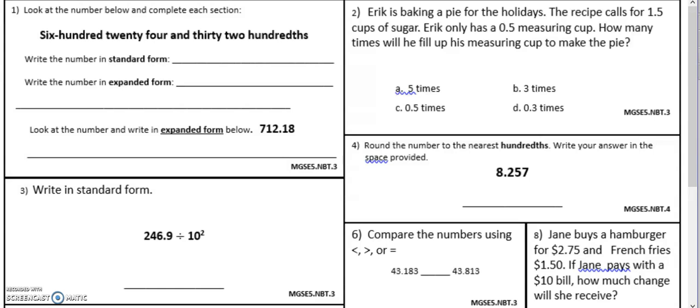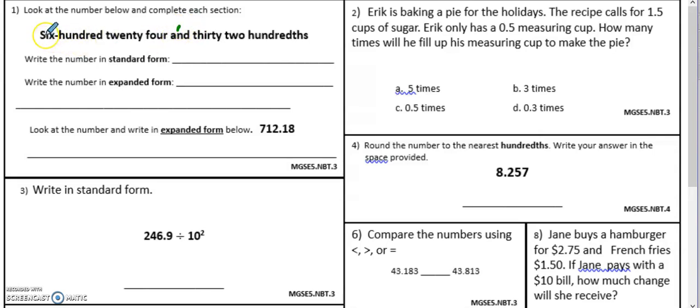Number 1, look at the number below and complete each section. We're going to be writing this number in standard form and expanded form. So let's look at the number. It says 624 and 32 hundredths. By this time, we've been doing decimals enough to know that when we see that "and," that means we need a decimal point there.